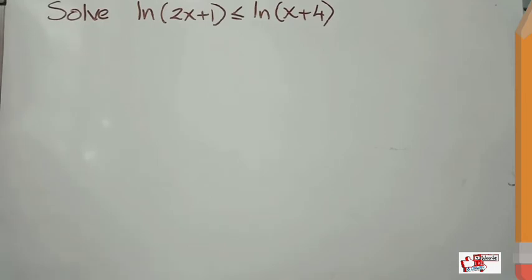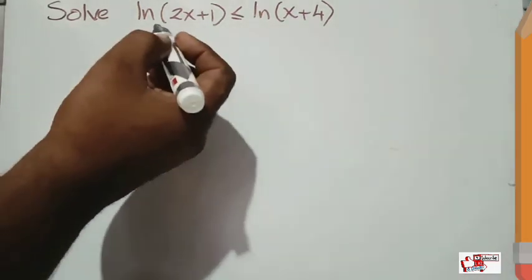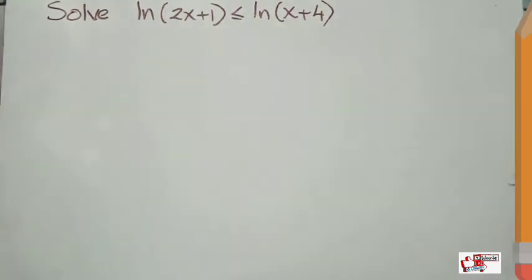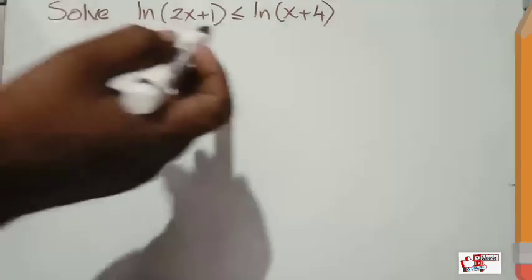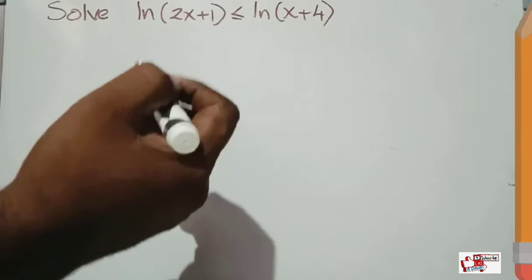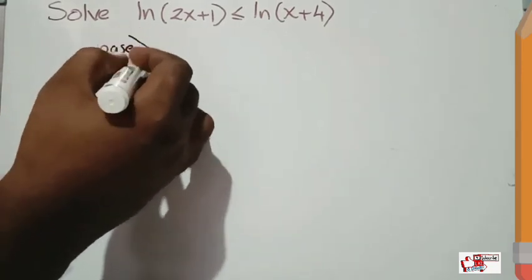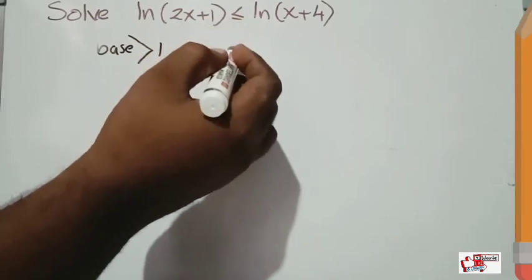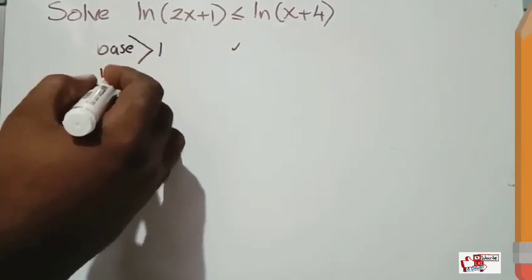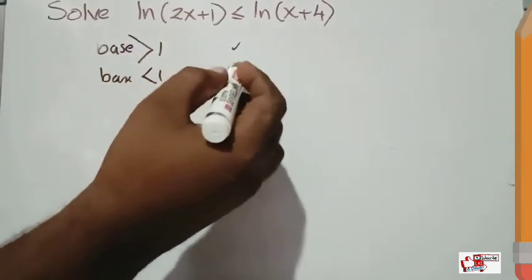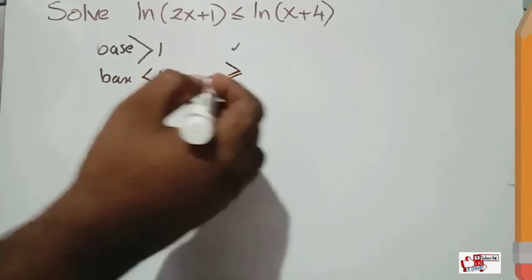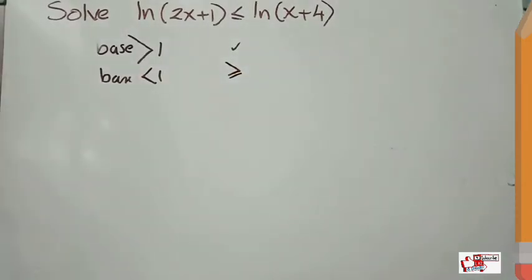Based on the base, we decide whether the sign remains the same or is inverted. Remember, if the base is greater than 1, the sign remains the same. If the base is less than 1, the sign gets reversed.